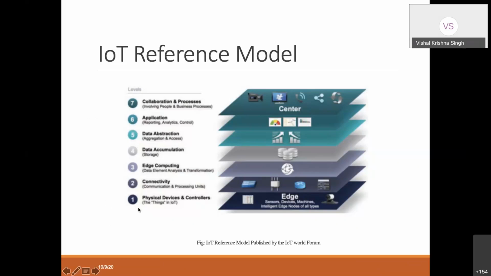This layer is considered the home of the things in the Internet of Things. It includes various endpoint devices and sensors that sense and send the information from the ground level to the processing.